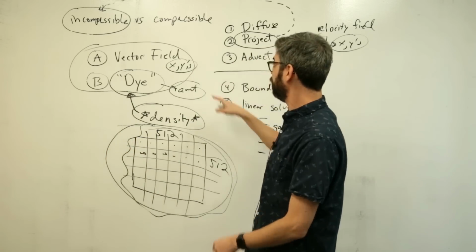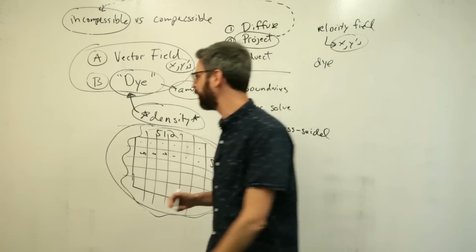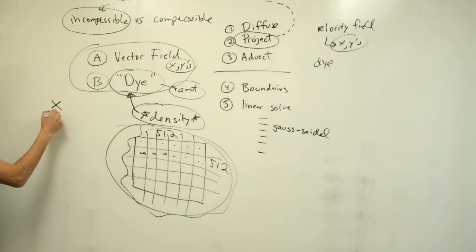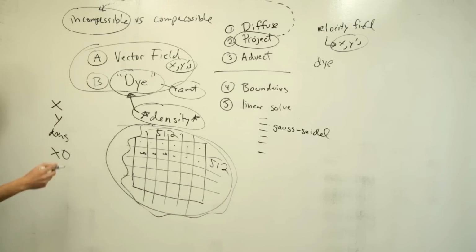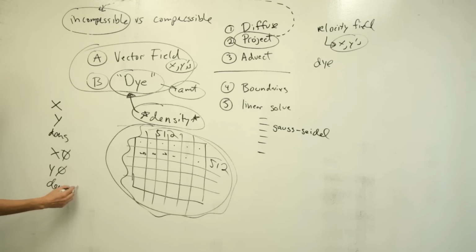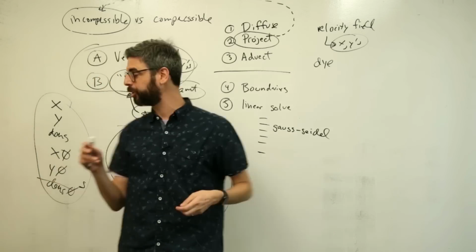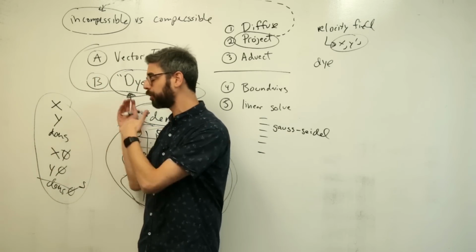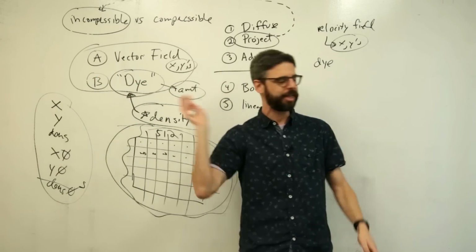So I'm actually going to need two of each. This is why the code gets really confusing, because I need x, y, and density, then what's in the code named x0, y0, and density0. I forget, this might be called S or something in the code, but I need the previous of all these. So there's a whole bunch of arrays. This is what I want to later refactor and see if I can just use a PVector or an object that stores a PVector and a density value and a previous, all that stuff.